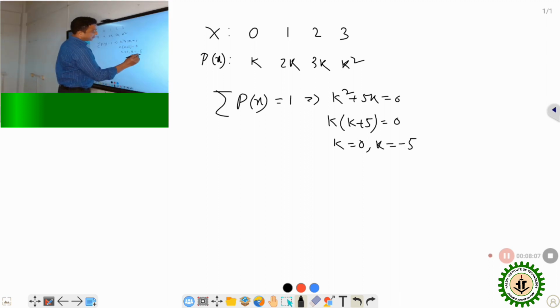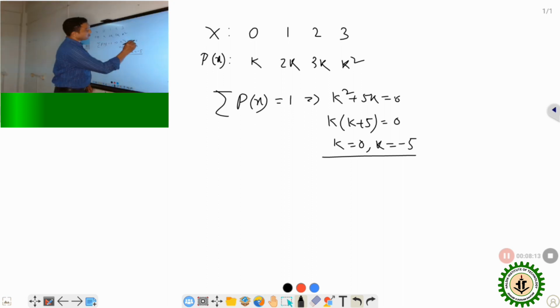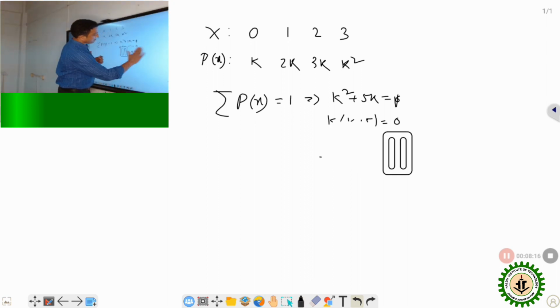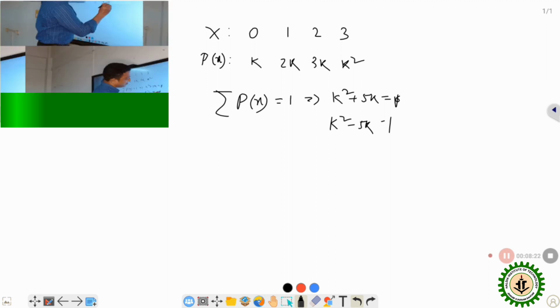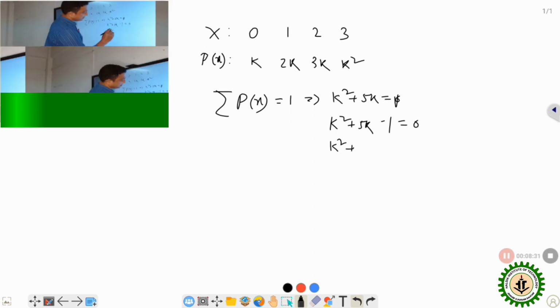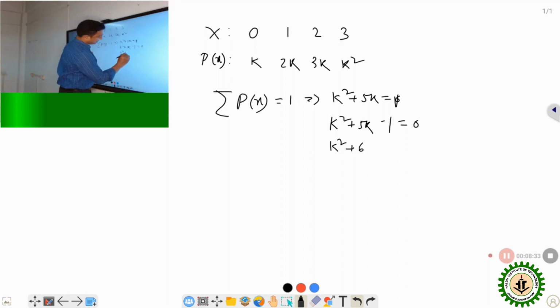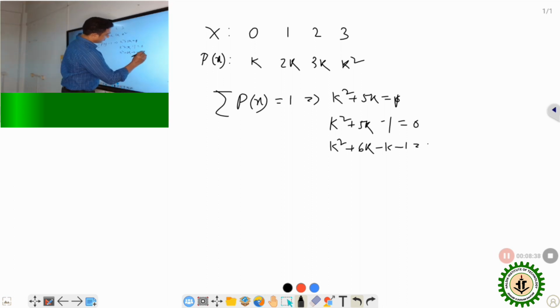You will get k equals 0 or k equals minus 5. Look at this, for both cases, k equals 0 gives k equals 1 here. So it is k square minus 5k minus 1 equals 0. So k square plus 6k minus k minus 1 equals 0.